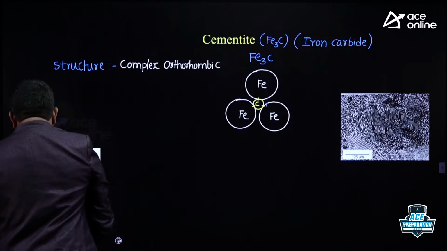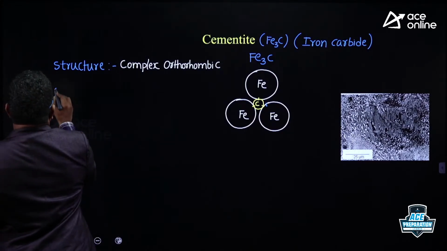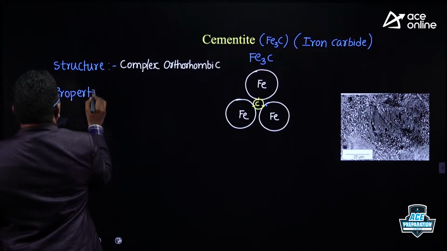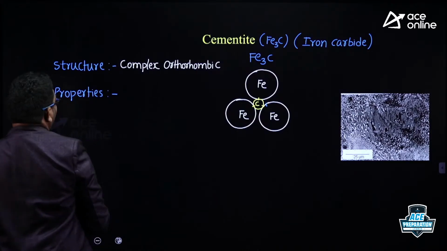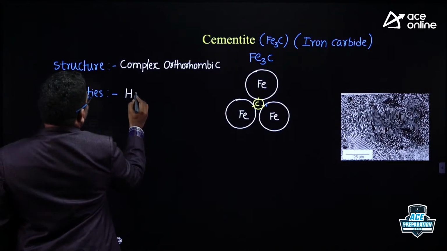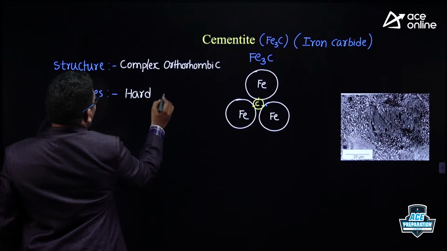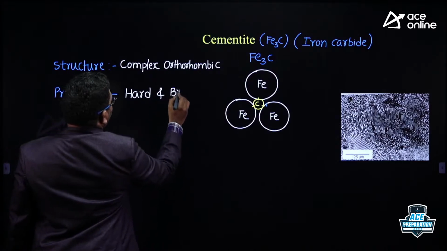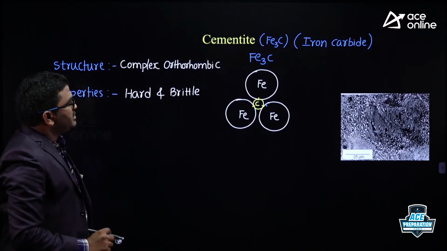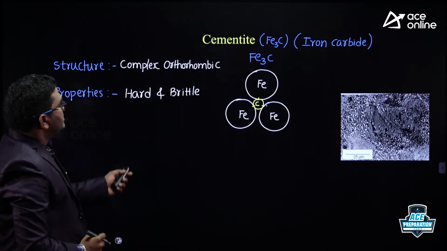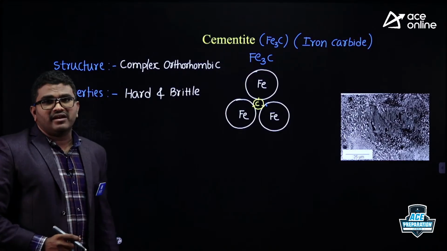And if you consider the properties of cementite, it is a hard and brittle material. Okay, remember these things. Cementite is nothing but iron carbide.